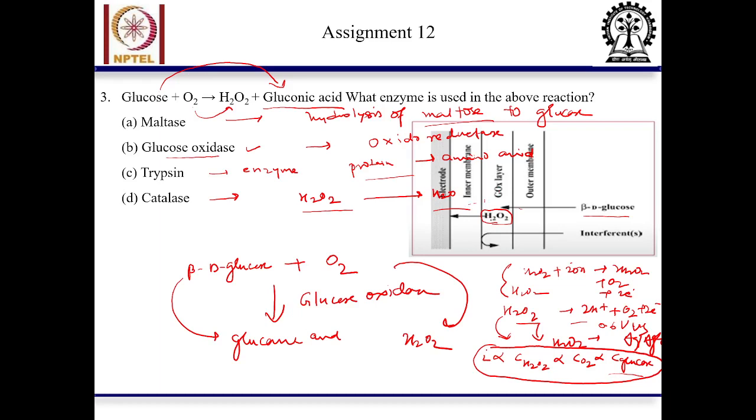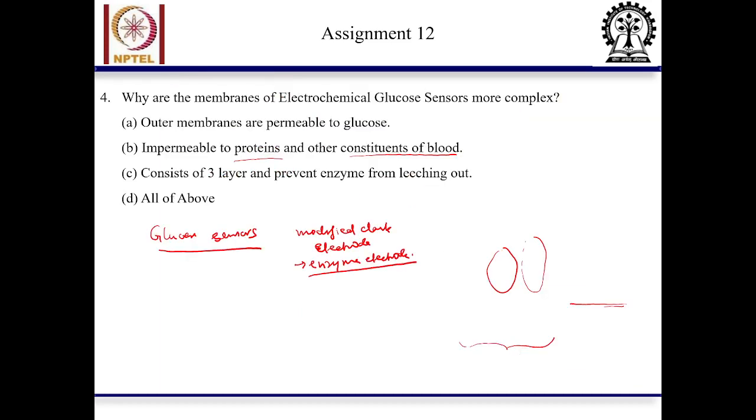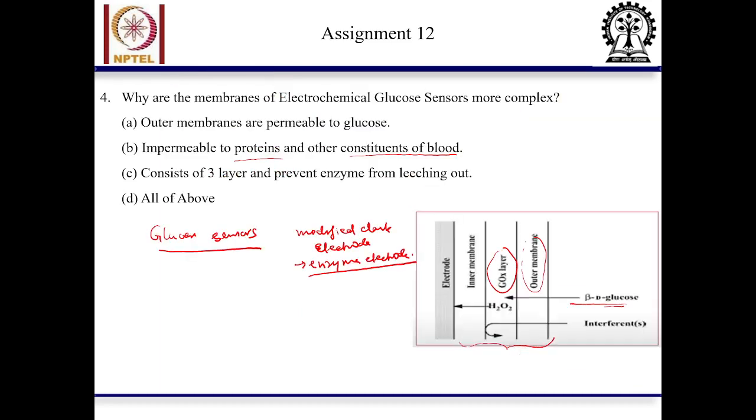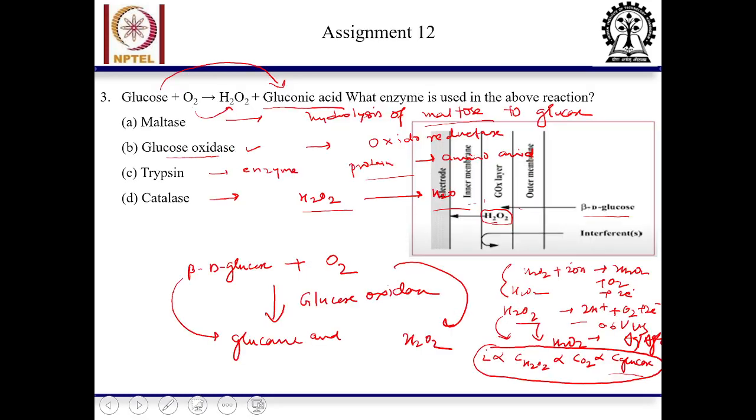So the hydrogen peroxide concentration will be found by the current, and that will be proportional to your oxygen concentration and glucose. So this is all about the glucose sensor. These things we have to keep in mind. Okay, this is done.